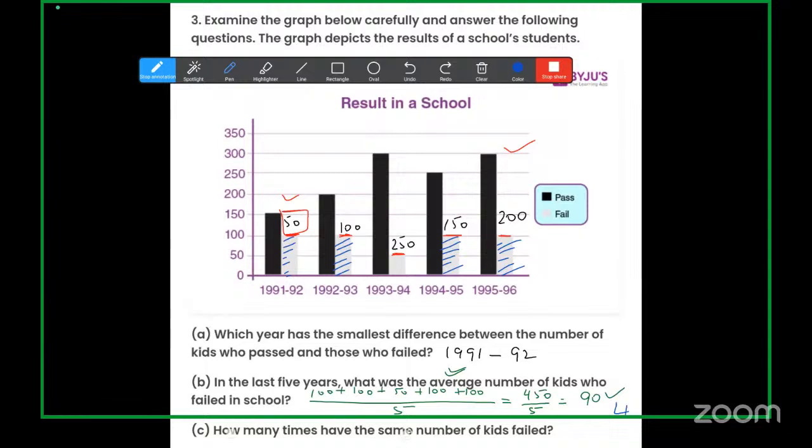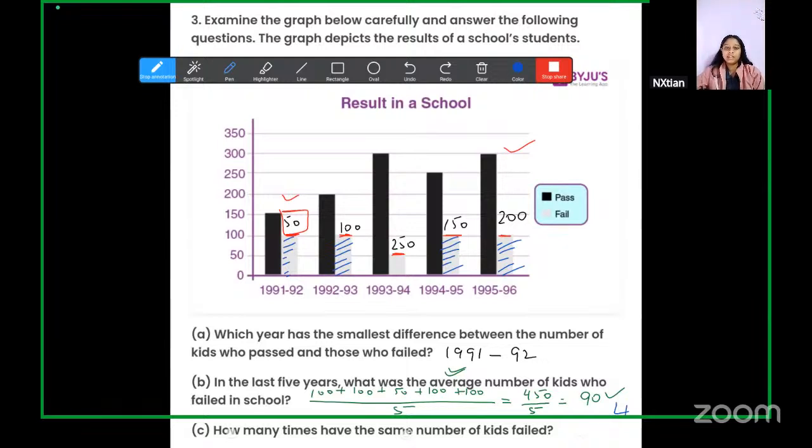So I hope you're able to know now how we answer questions when a graph is given to us and we have to find the answers just by looking at the graph. This was a dual graph. I don't think you will be given a dual graph. You will be given only one graph, and you will be asked the minimum and the maximum.